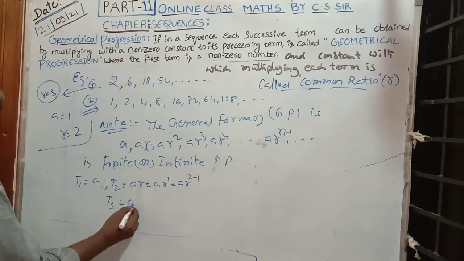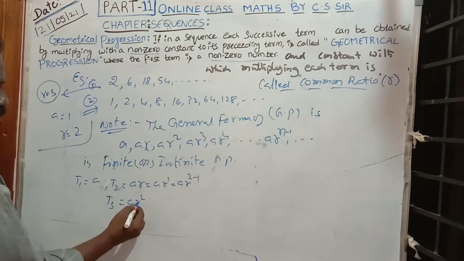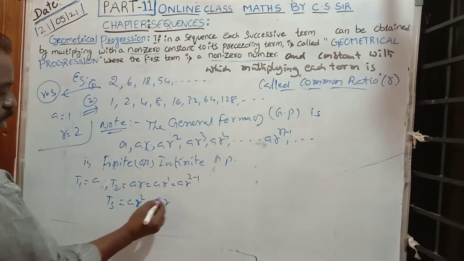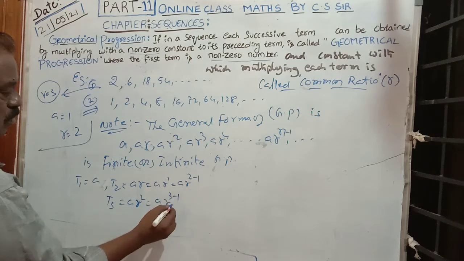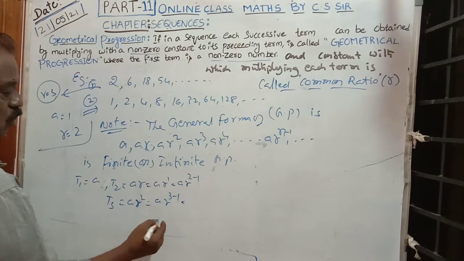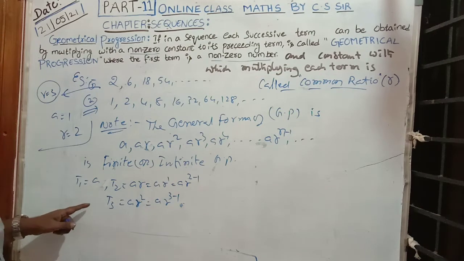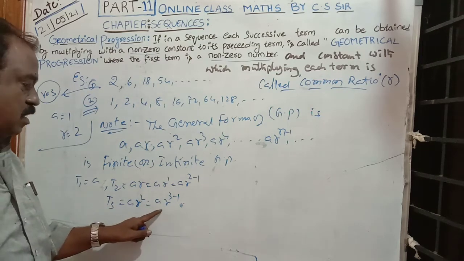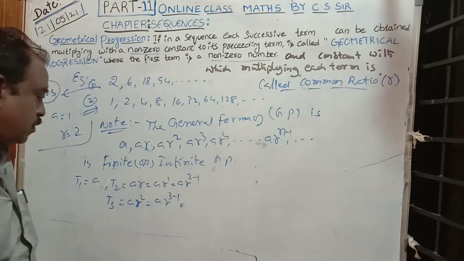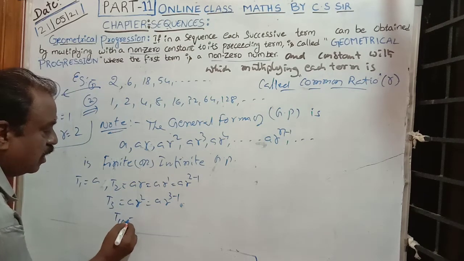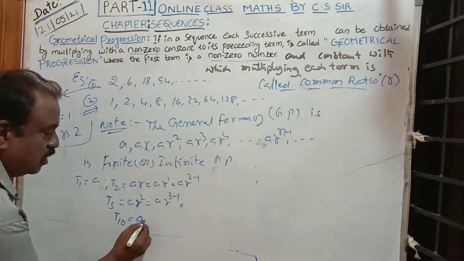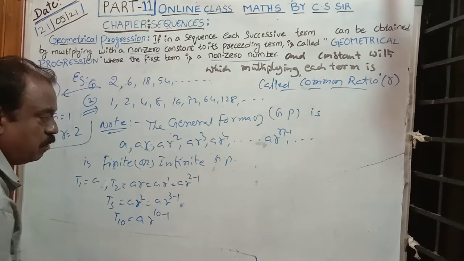What is T3? ar square, the third term, that is ar power 3 minus 1. So whenever you want T3, a is common, r power 3 minus 1. Suppose T10 is needed, a as it is into r power 10 minus 1.